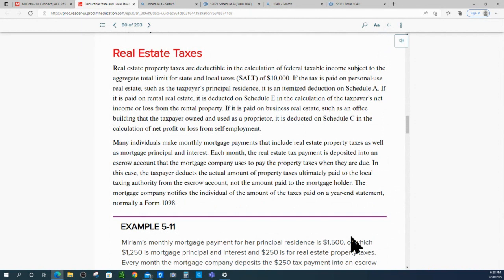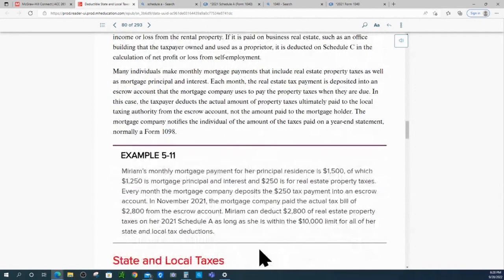The mortgage company will collect money every month from the property owner. And then when it comes time to pay the taxes, the mortgage company actually pays the taxes. But there's usually a difference between the amount that's collected and the amount that's actually paid by the mortgage company. The amount that's deductible is the amount that the mortgage company actually pays, not the amount paid through the mortgage payments by the taxpayer.